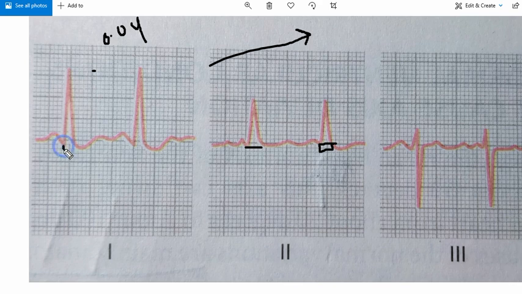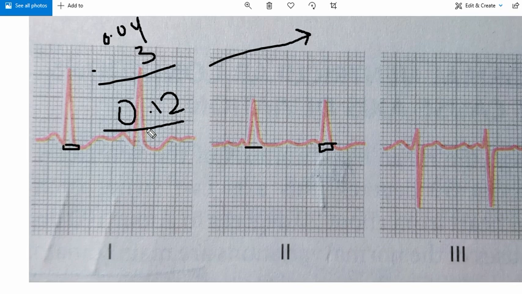In this condition also, three small boxes, 1 2 3. So we multiply it by 3, and the result is 0.12. It means that the prolongation of the QRS complex is not much greater. So it is between 0.08 and 0.12, so it is due to hypertrophy of the left ventricle.